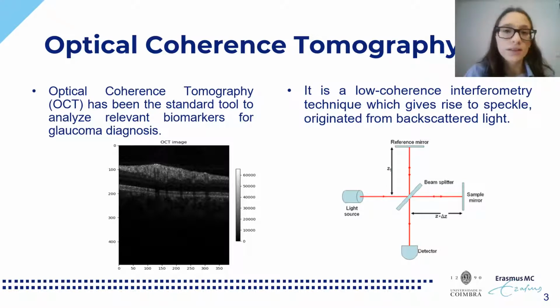Because the light is scattered, it travels through different optical paths with different lengths until it reaches the image plane. So in the image plane, the intensity of each point will be the superposition of all the waves in that point. So there will be constructive and destructive phenomena, which will create a granular speckle pattern, which is a pattern that you can see here in these OCT images.